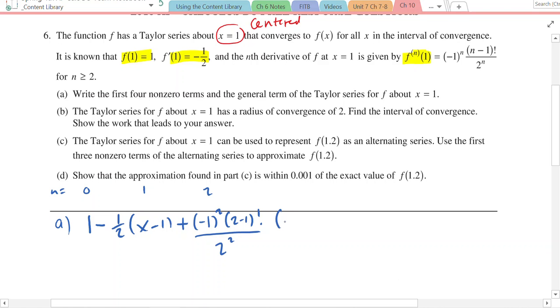And that's all going to be times x minus 1 squared, right, when we plug it all in. And then our third term is negative 1 cubed, times 3 minus 1 factorial over 2 cubed, times x minus 1 cubed.